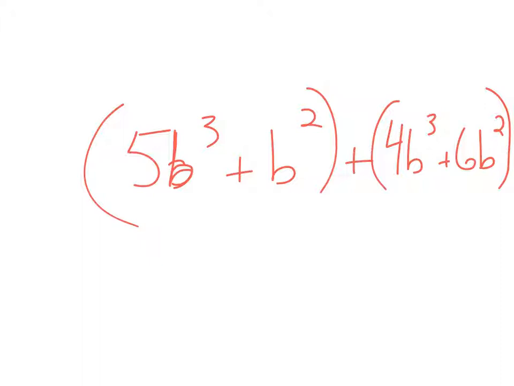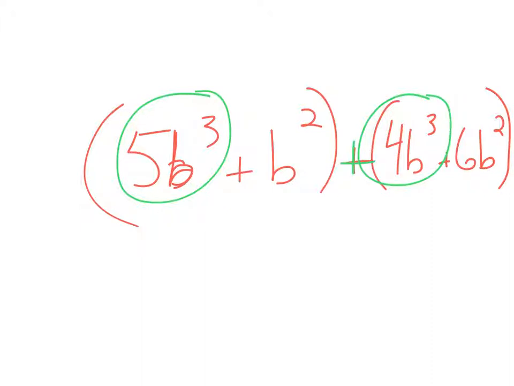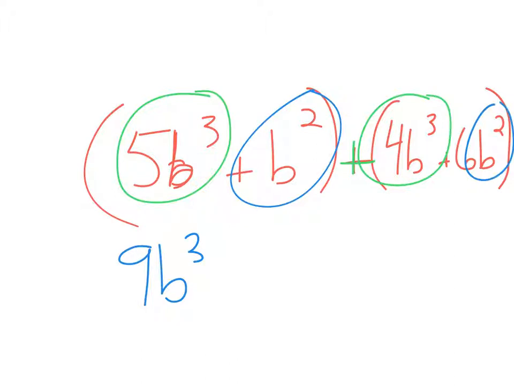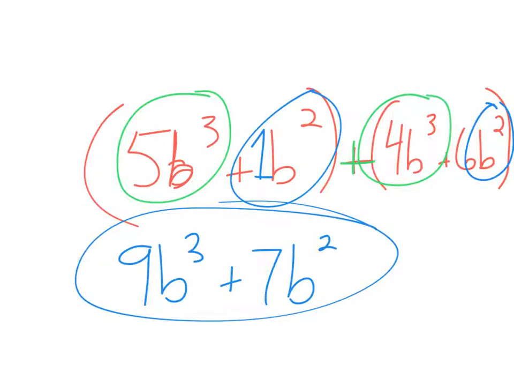I can combine this b to the third and this b to the third. So since I'm adding these two polynomials, I'm going to add 5 plus 4, and that's going to become 9b to the third. I can only put those two together, and then I can put together the ones that are squared. So b squared in this first one, I know there's no number in front of it, so we assume that to be 1. So that's like 1b squared plus 6b squared would be 7b squared. So that's as far as I can go when adding polynomials.